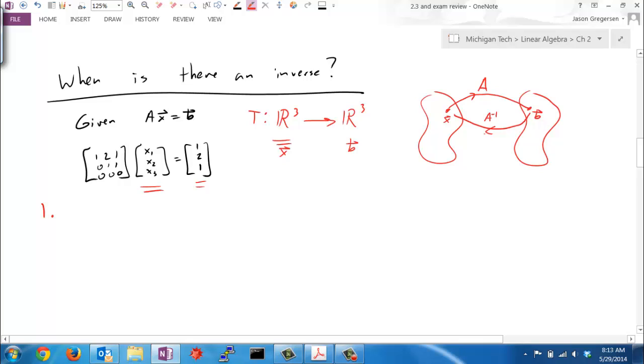So for this inverse idea to make sense, for A inverse to exist, there must be a solution to Ax equals b for every b in Rm.